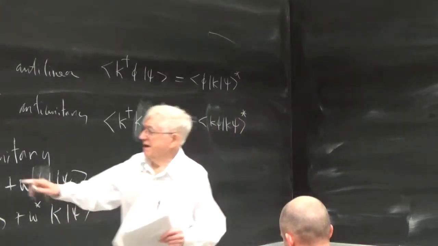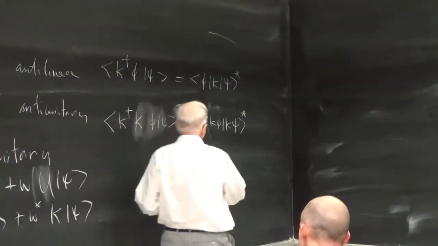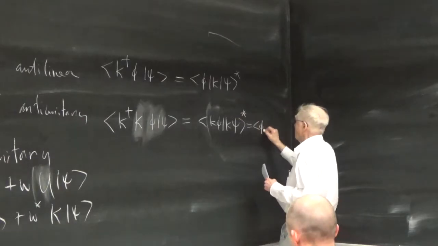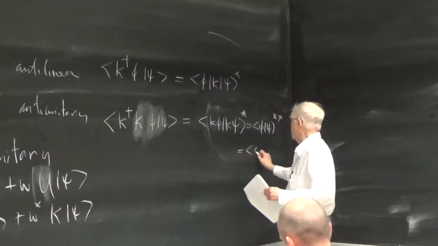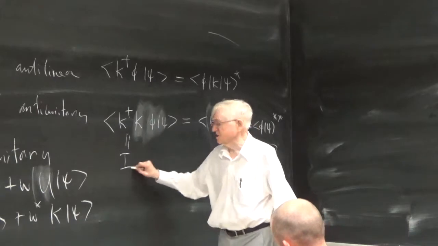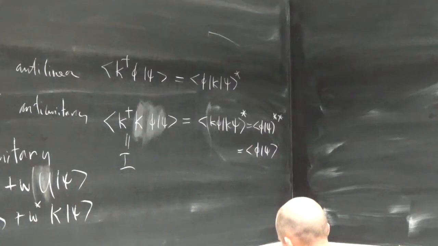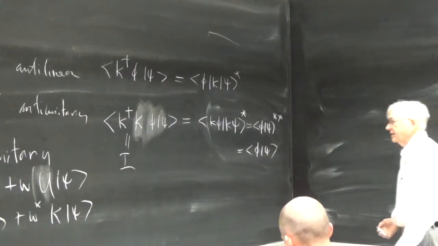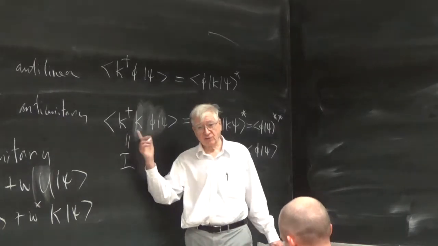On the other hand, K phi K psi is this thing complex conjugated. So this is phi psi star star, which is to say phi psi itself. That means that this is just equal to the identity. So the adjoint of an anti-unitary operator is defined so that we have this relation that's characteristic of unitary operators as well.